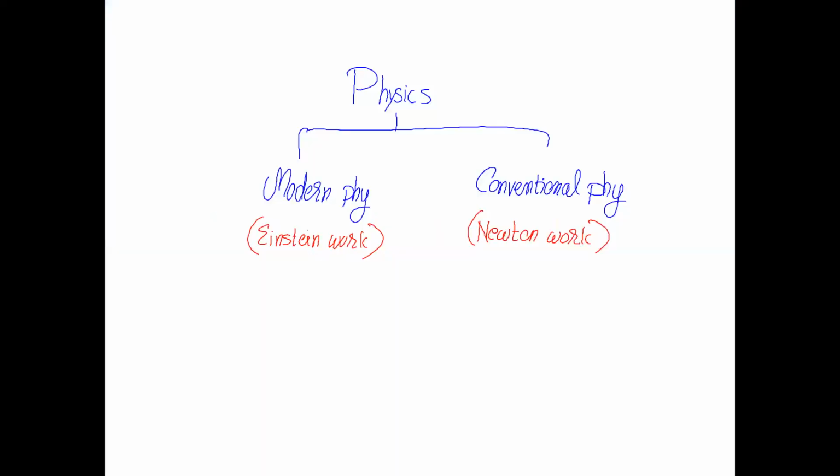How it started, we go back in our past and we see that there were two physics actually. One is Einstein's work, which we call modern physics, and second is Newton's work, which we call conventional physics.